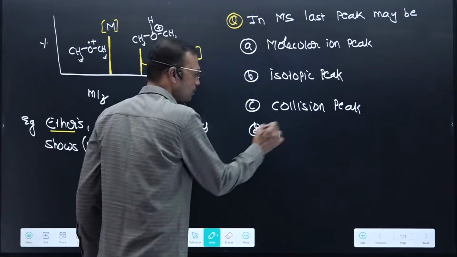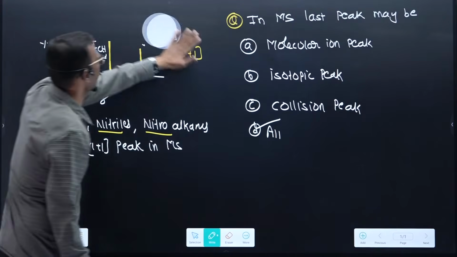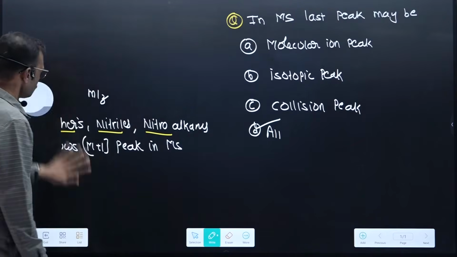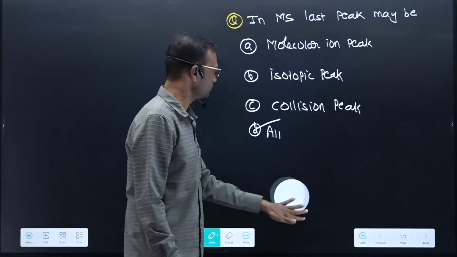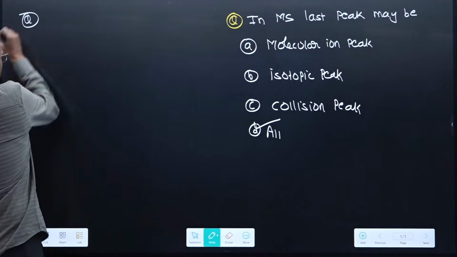All may be possible or not? All exist. In the mass spectrum, the last peak may be any one of these.